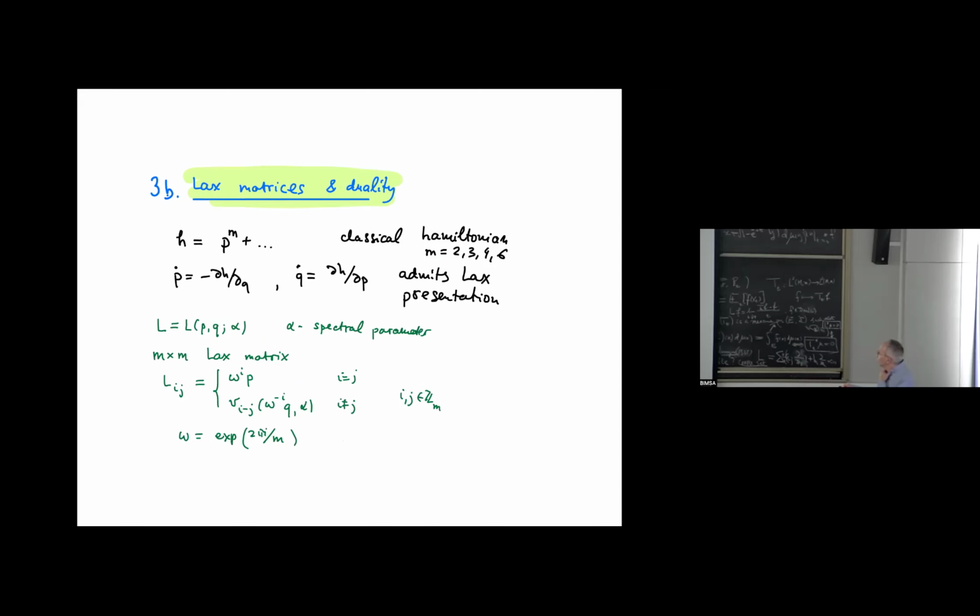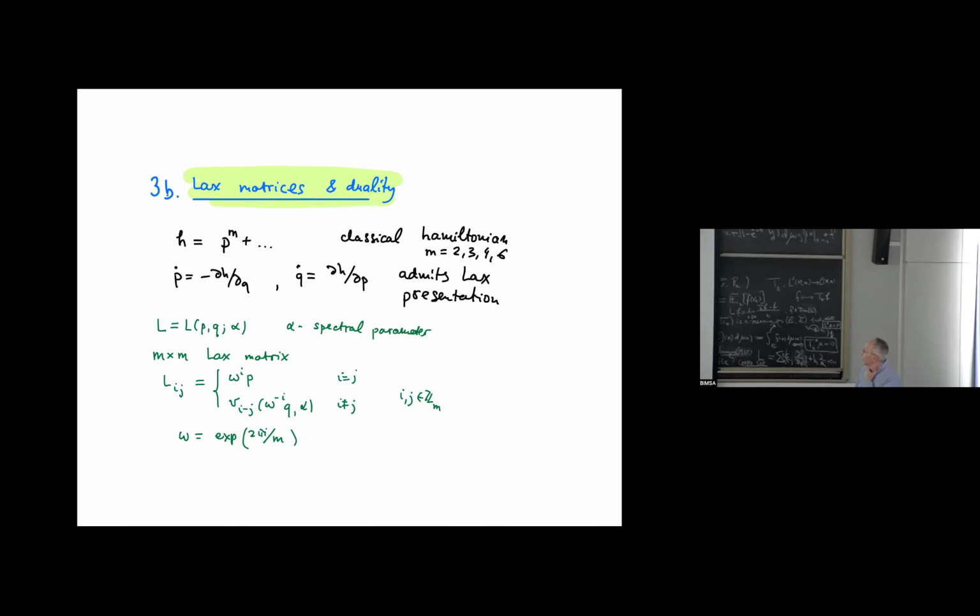Okay, so one way is doing that directly using the formula for the Hamiltonian, but there is another way, more useful especially when you go to the higher rank case, which is to look at the Lax representation. And a Lax representation exists for these systems, and the Lax matrix in this case will be of size m by m.